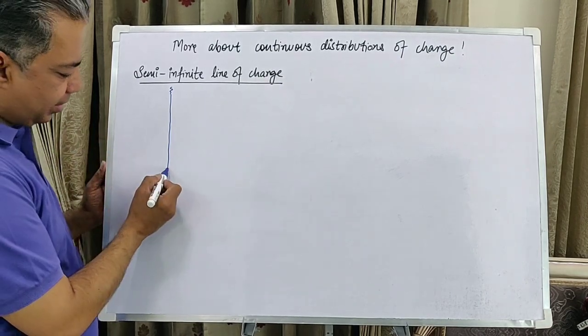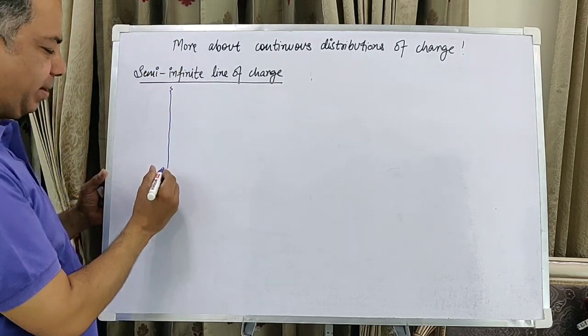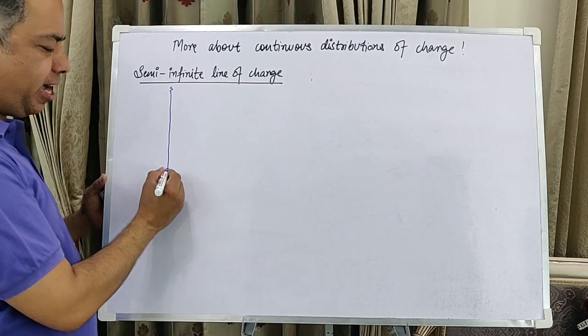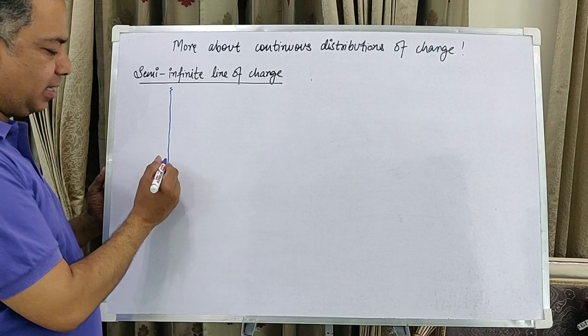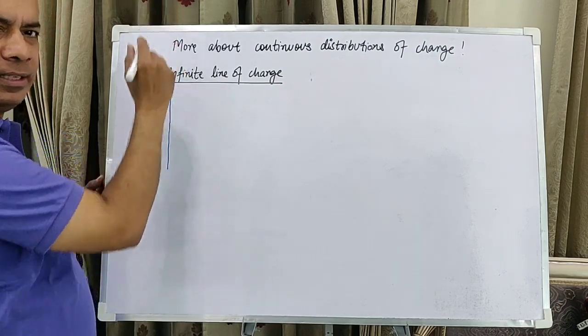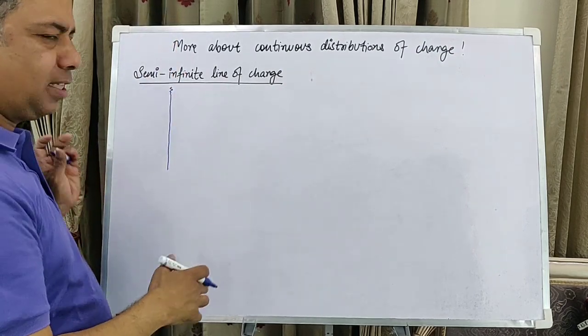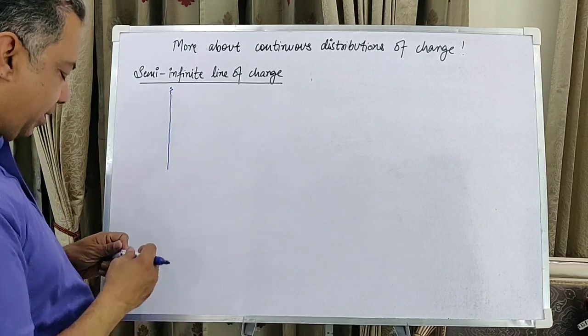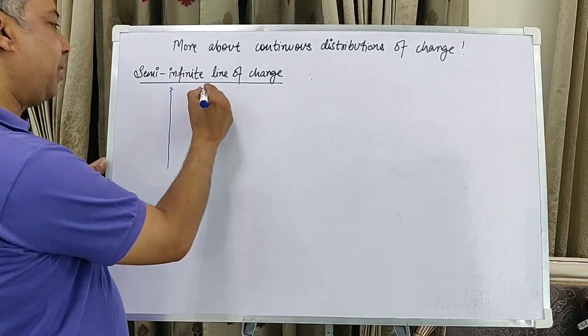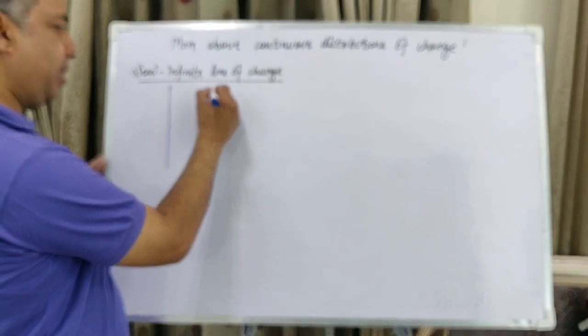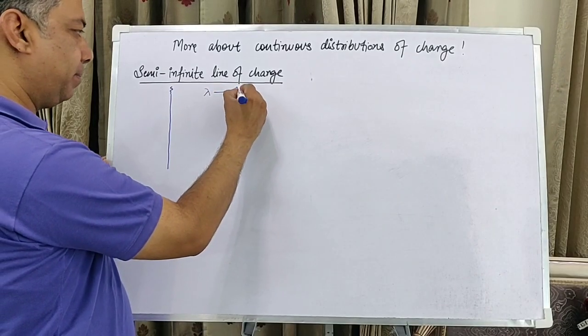So it starts here, goes up to infinity, and since it is finite on this end and infinite here, you can say it is semi-infinite. It has a linear charge density lambda.